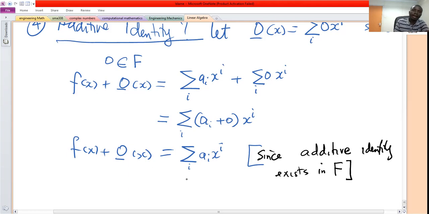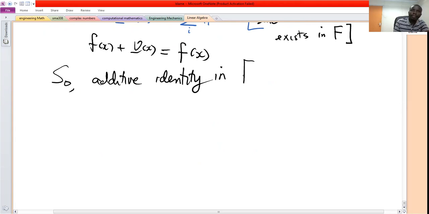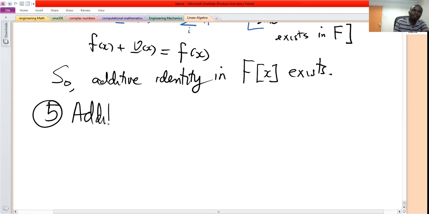So that's why they have this. And this is not different from the definition of f(x). So the additive identity in this set exists. Number 5, additive inverse. Does the additive inverse exist?